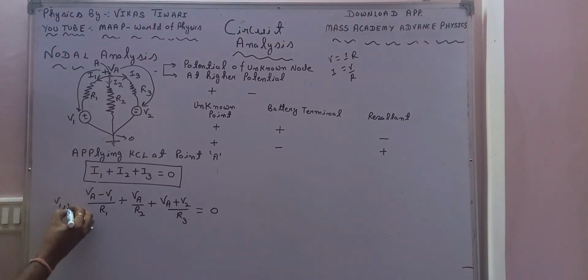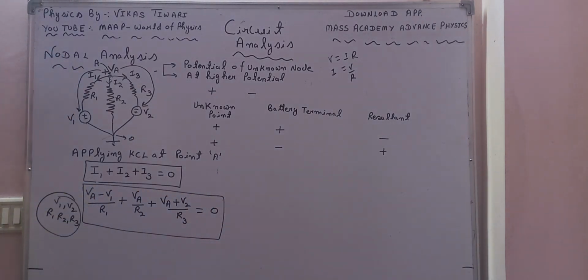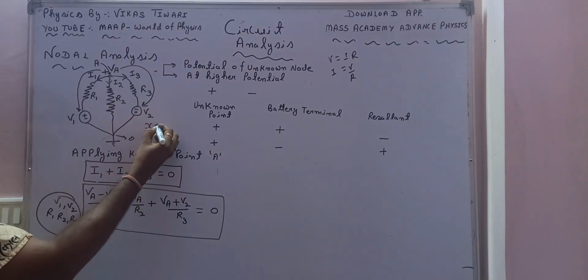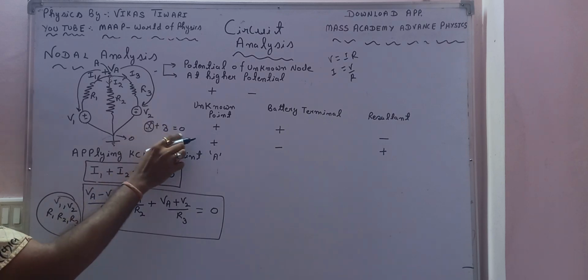V1, V2, R1, R2, R3 all are known quantities. So there is only one unknown in this particular equation. So you can easily solve it, like in mathematics, x plus 3 is equal to 0: there is only one variable, so we can easily find the value of x.